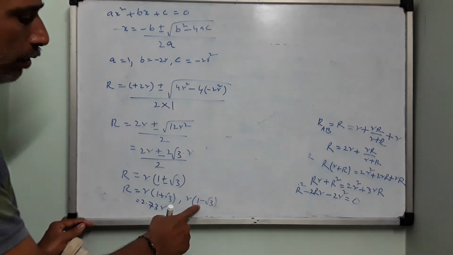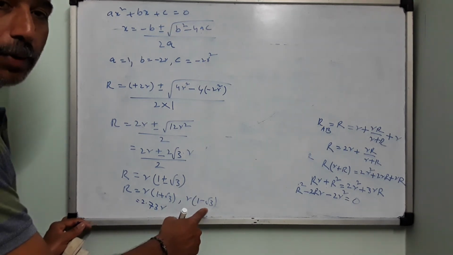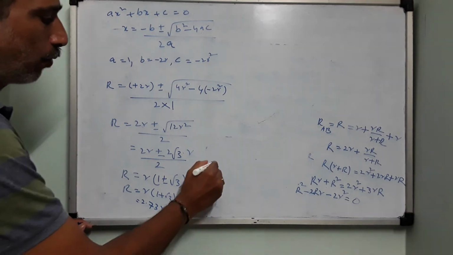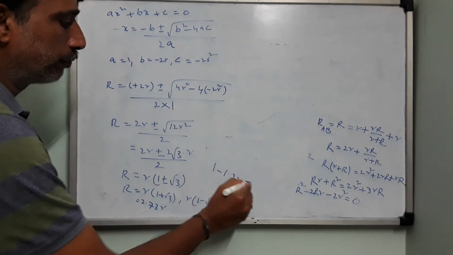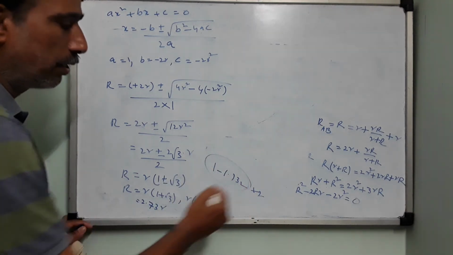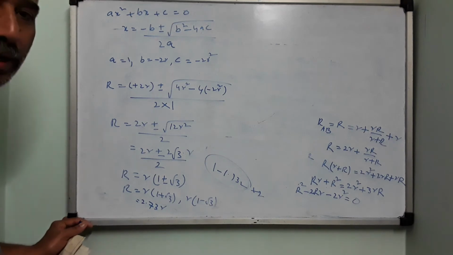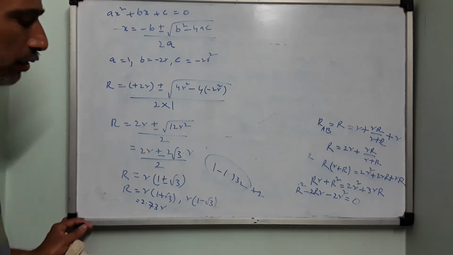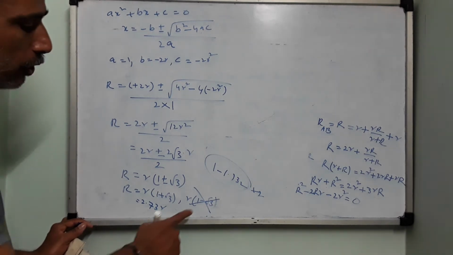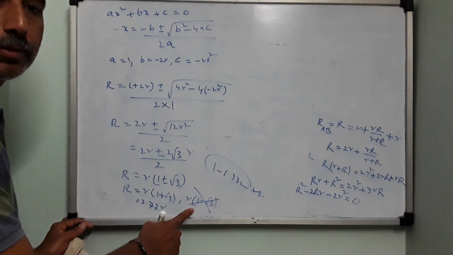Now 1 minus 1.732 is a negative value, multiplied by resistance. Resistance can never be negative. There is no meaning of negative resistance. So this solution is not possible as it is producing a negative resistance.